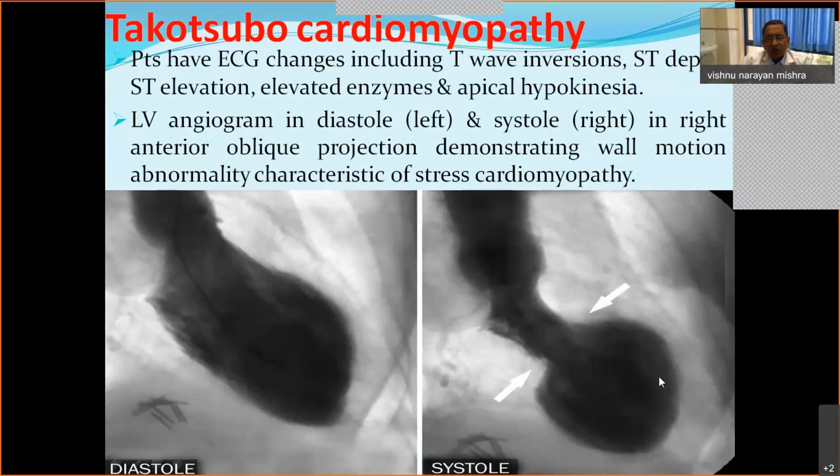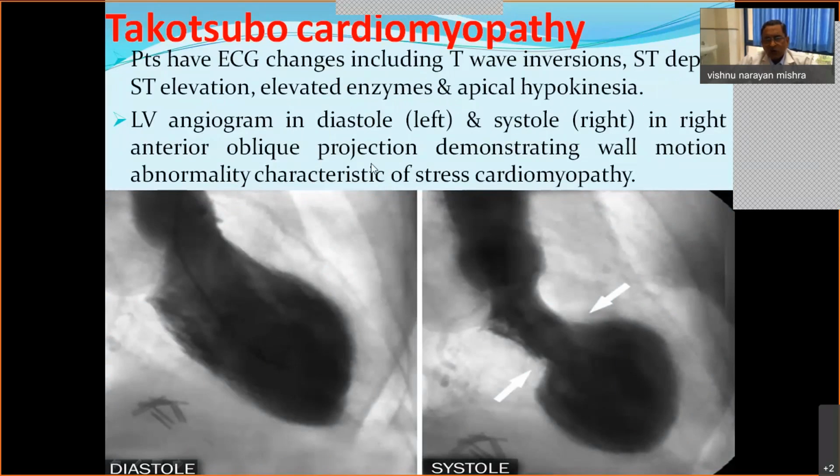Now this is the classical differential, which is done by angiography. Patients have ECG changes including T wave inversion, ST depression, or sometimes ST elevation, elevated enzymes, and apical hypokinesia. So they have got all features suggestive of acute MI. LV angiogram in diastole, you see here left, and this is systole, right.